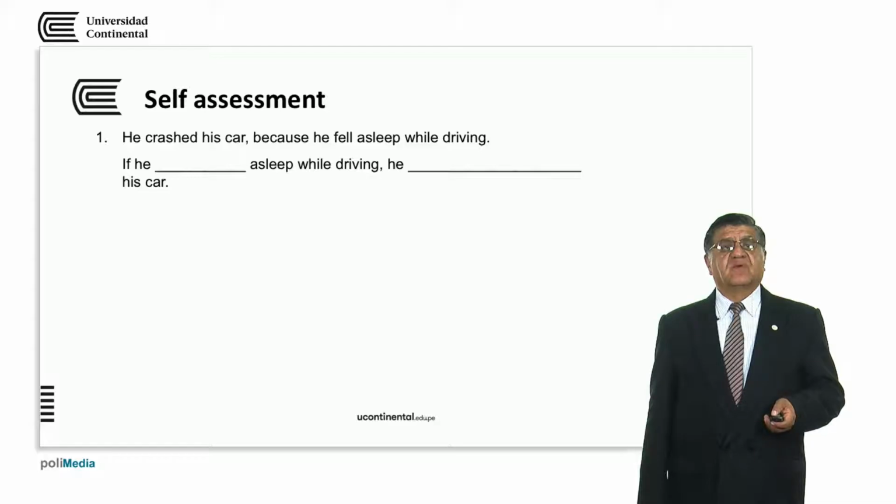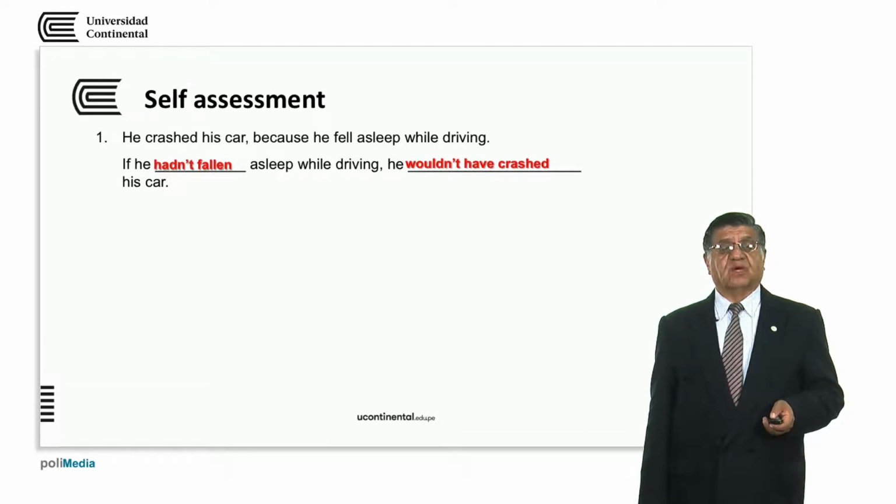Okay. He crashed his car because he fell asleep while driving. The crash happened because he fell asleep. So, if he hadn't fallen asleep, what would the result be? If in the past perfect and the main clause in the perfect conditional: if he hadn't fallen asleep while driving, he wouldn't have crashed.